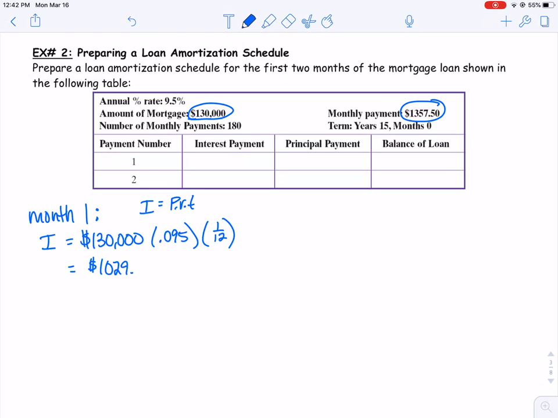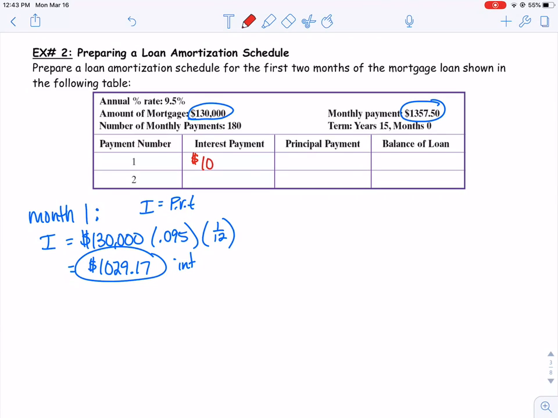So putting that in my calculator, I ended up getting $1,029.17. What this means is in that first month, I'm going to end up owing $1,029.17 in just interest. Remember, my payment amount was $1,357.50.